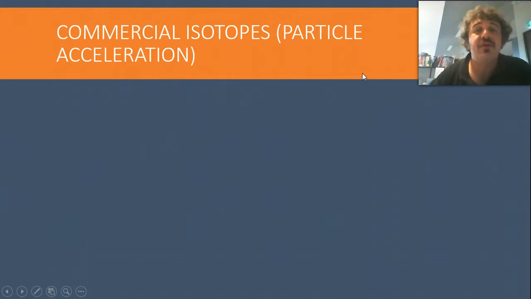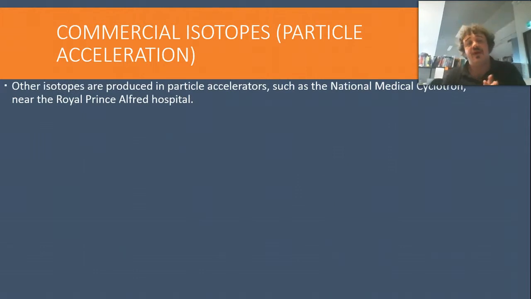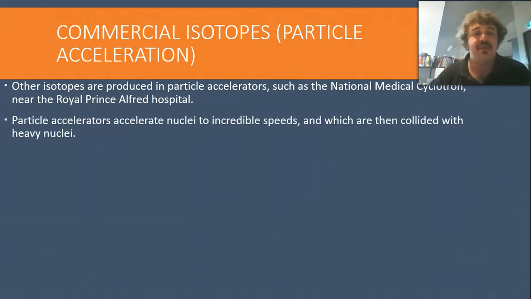All right, so commercial isotopes, particle acceleration. Basically, other isotopes we produce using particle accelerators, like the National Medical Cyclotron near RPA in Sydney. Particle accelerators spin nuclei, usually small to heavy nuclei, but not super heavy, around, getting faster and faster by adding magnetic pull to it.